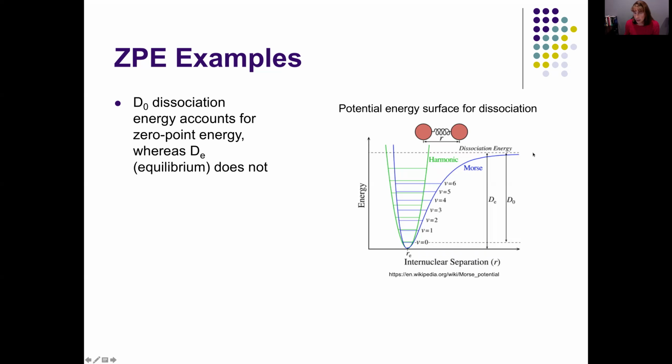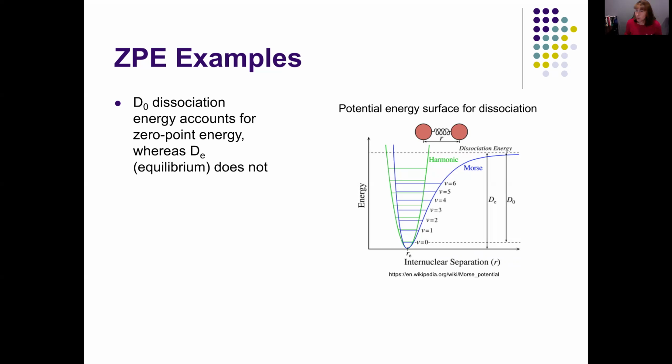On the other hand, D0, which is what you'd measure experimentally, is measured as the energy difference between the dissociated limit and the V = 0 level. Here we're using V for the quantum number. So we do need to account for that difference when we're thinking about dissociation energy, and which dissociation energy is meant in a particular context.